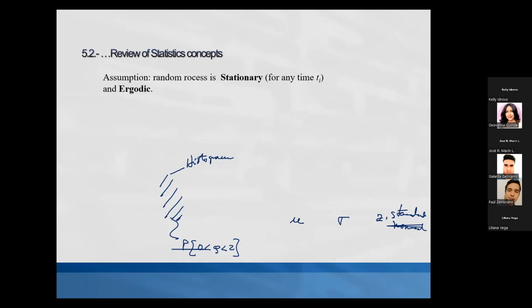Usually, when we do these calculations for the response of ships in waves, irregular waves, we assume that the process is stationary. Okay, so we're going to assume that the ship is navigating, for example, in sea state 4. That means that the statistical distribution of the waves does not change as long as we are in this sea state.